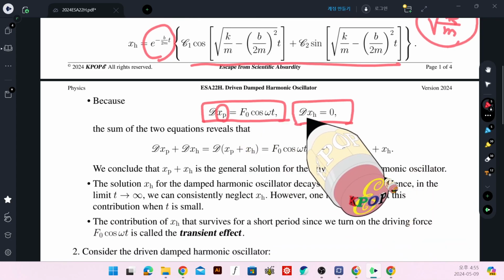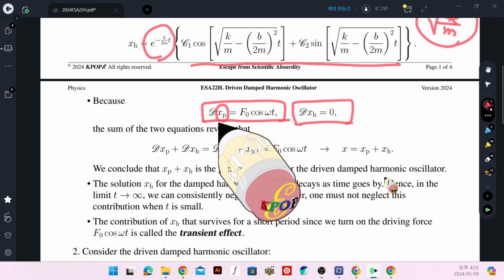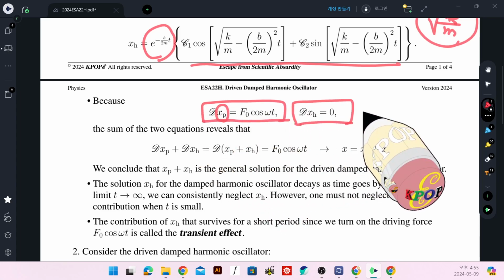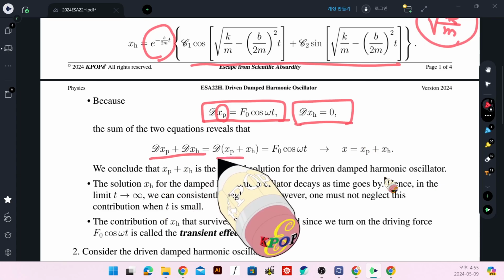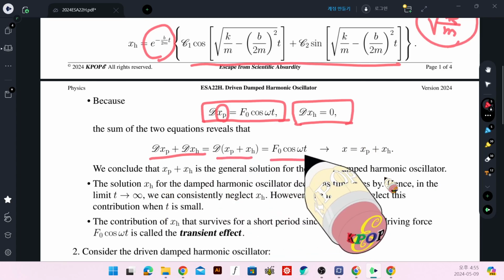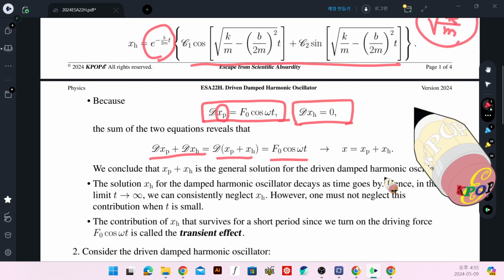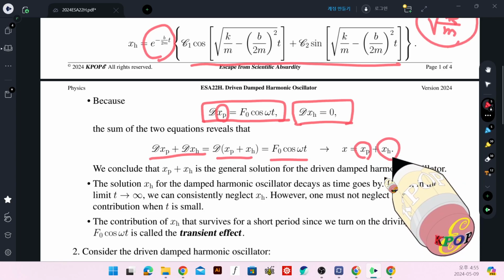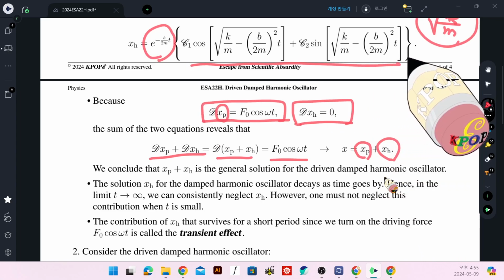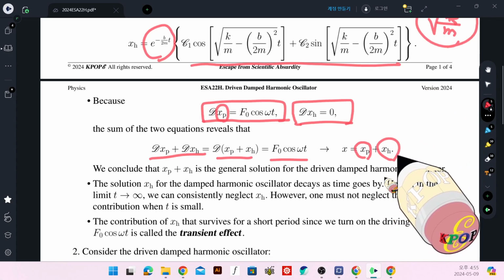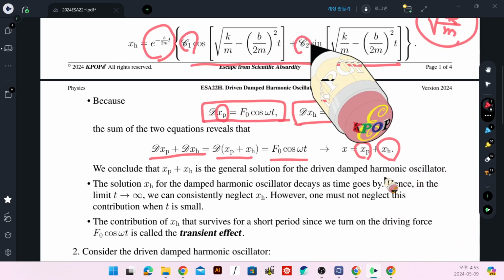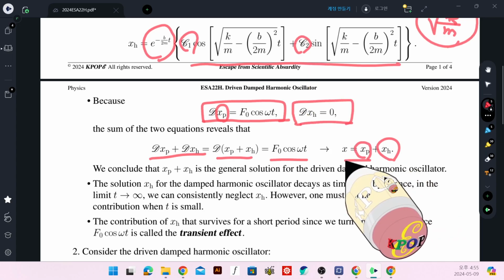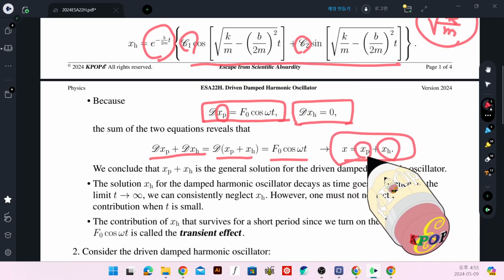We can add these two equations, left-hand side and left-hand side, right-hand side and right-hand side. The result is the same. So we have a particular solution, and if we know the solution for the homogeneous equation, the sum of them, in which we have two arbitrary parameters, is the general solution for the driven damped harmonic oscillator.